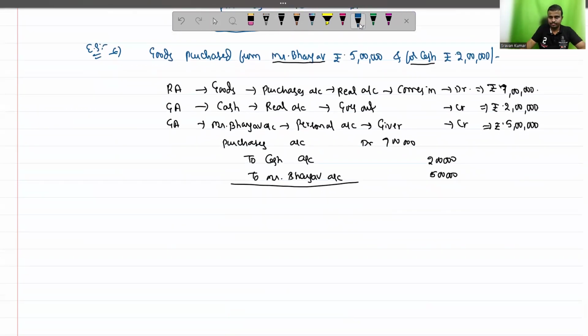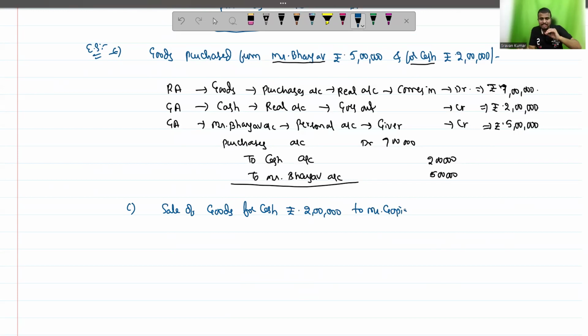And next, sale of goods for cash, rupees 2 lakhs, Mr. Gopi. But here, this is a cash transaction. Even though we have the name of the person, there is the word for cash.